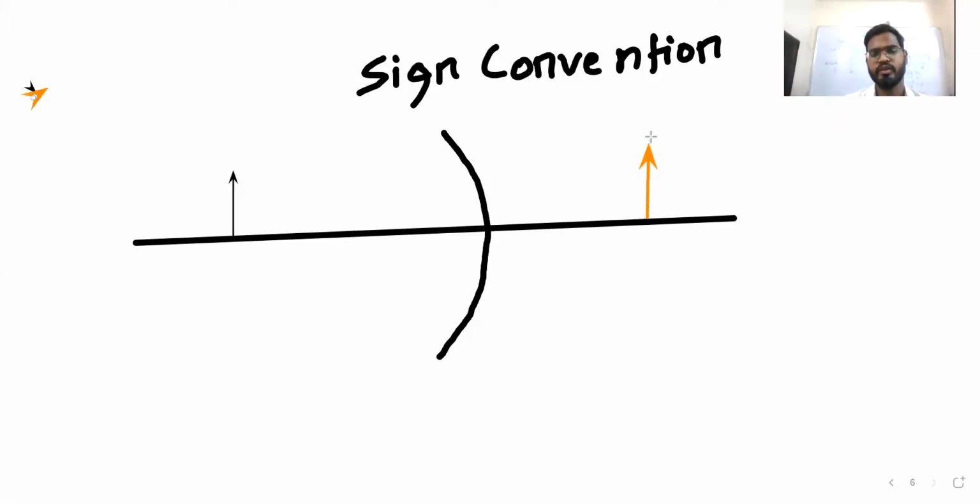Let's consider this. Don't consider this with the ray diagram we drew earlier; that you are not supposed to consider here. What I am doing here is just for the sake of learning the diagram I am drawing.